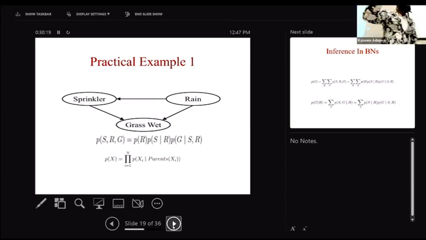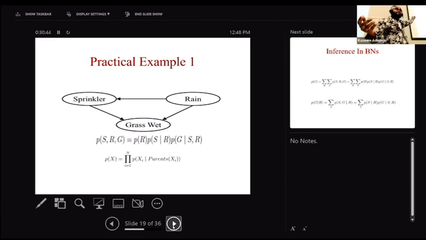Oh, can you say that again? Now you got it. What I'm trying to say is that we don't use the sprinkler when there's rain. And that is why using the sprinkler also depends on whether there's rain or not. But rain does not depend on anything.